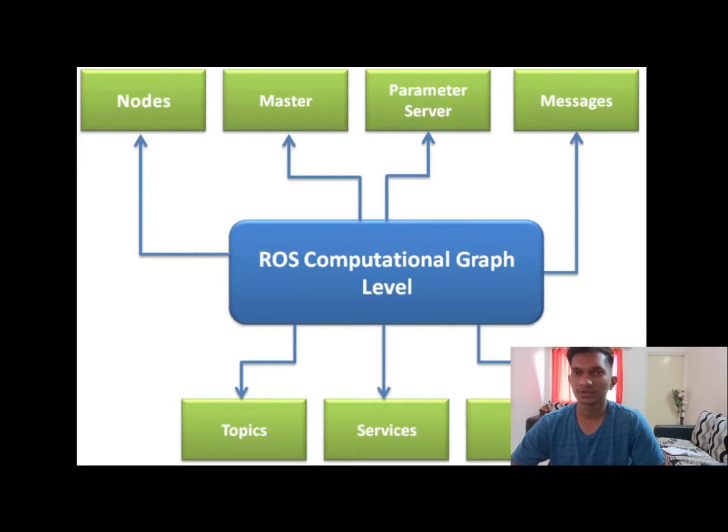We can define our own topics, and how do these topics tell others what data to take? This thing is done by the ROS message. So what are these ROS messages? ROS messages contain the data structure of the message we are going to send to a particular node or to a particular service.